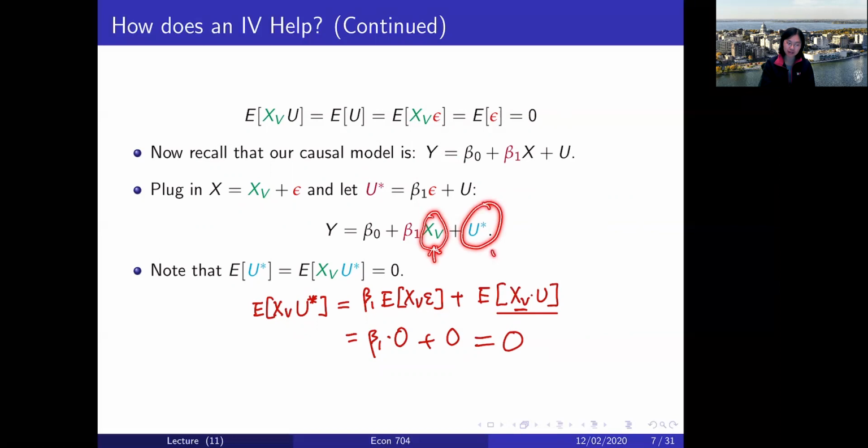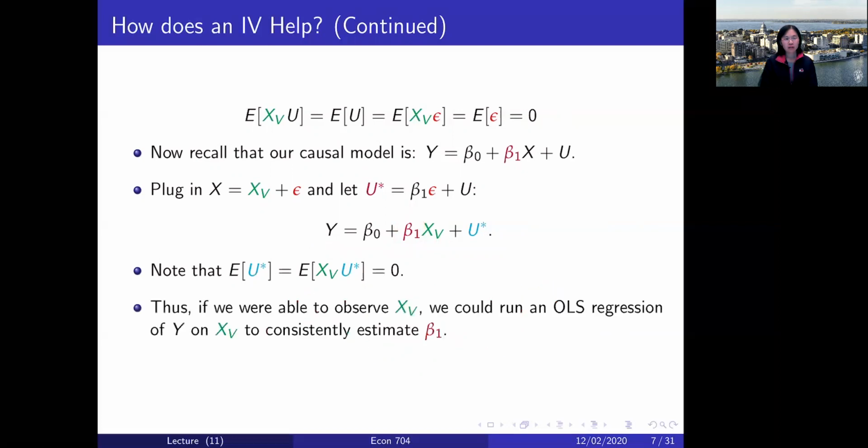What does that mean? That means if you did observe XV, then running OLS regression of Y on XV will give you a consistent estimator for beta 1, which is the coefficient for XV in this equation. Okay. So that's what I said.